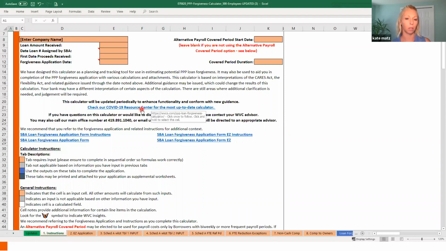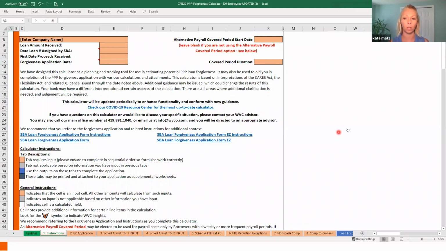Again, we really suggest that you periodically check back in and make sure that you do have the most recent version, so that you have all of the changes and guidance that have been coming out incorporated in the calculator version that you're using. Down here, we've got links to the SBA loan forgiveness application instructions, as well as the application itself. And then over to the right, the EZ instructions and the EZ application.